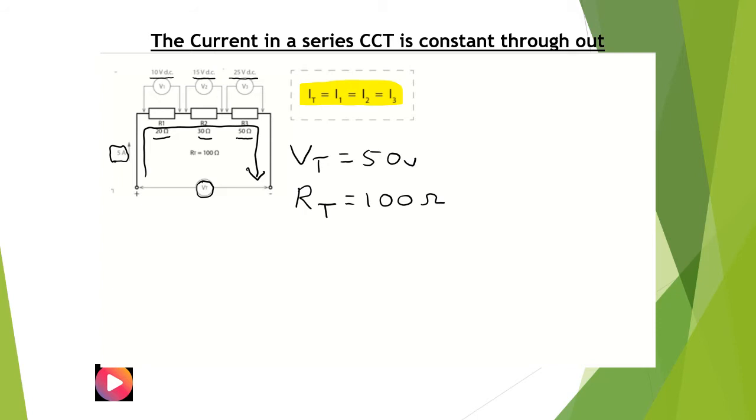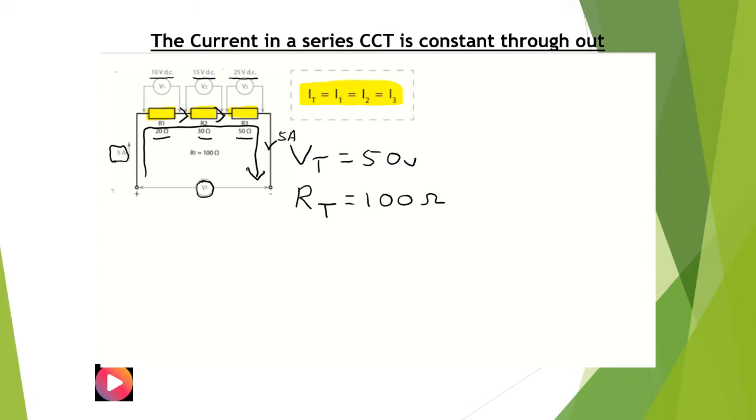It doesn't change in a series circuit, and the same current flows through that resistor as through that resistor as through that resistor. So in this example, there is 5 amps flowing through R1, R2 and R3. So that is to say that there is 5 amps here, 5 amps here, 5 amps there.